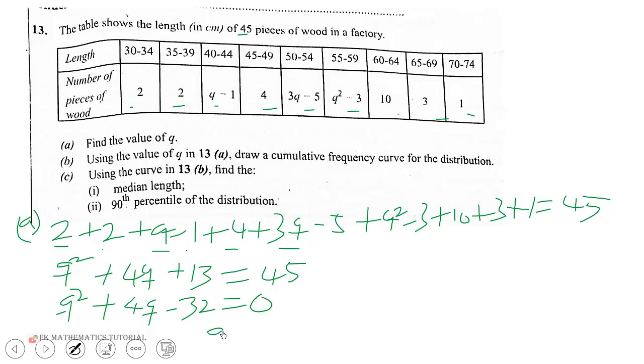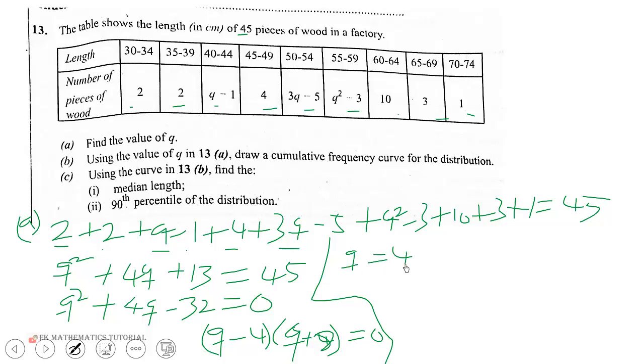So this gives us (Q minus 4)(Q plus 8) equal to 0. So Q is either 4 or negative 8. But we can't have a negative number of pieces of wood. Therefore, Q is equal to 4.